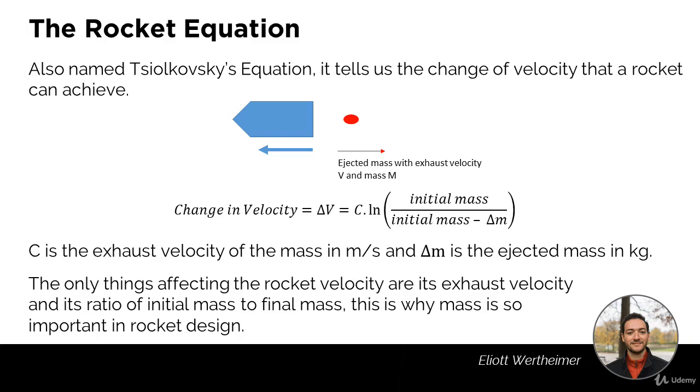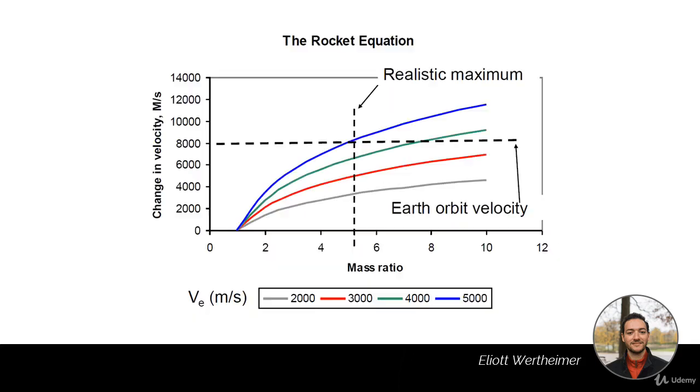So the only things that affect the rocket velocity are its exhaust velocity, or how fast it throws material out its back, and its ratio of initial mass to final mass, or basically how much fuel it's burned and ejected at the back. And this is why mass is so important in rocket design.